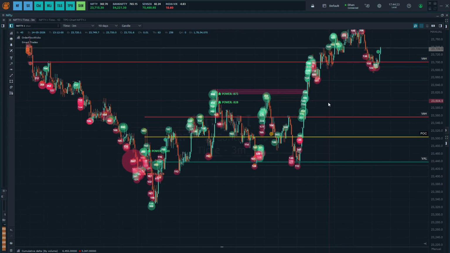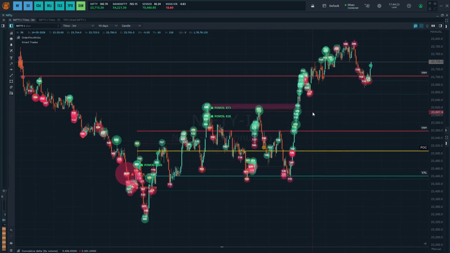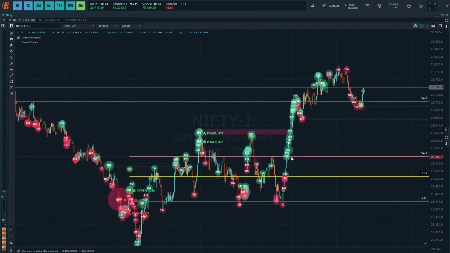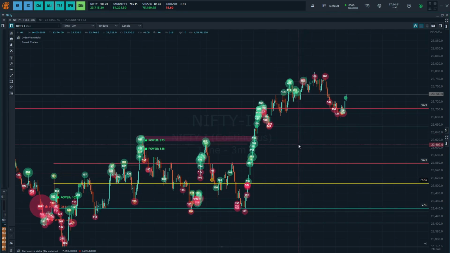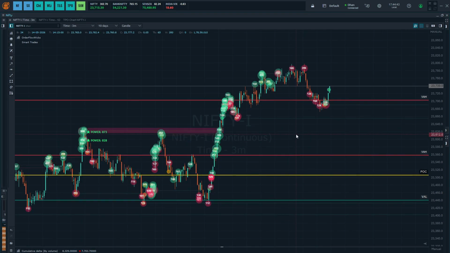Again, the indicator shows what the current market activity is, but we need to see the reaction at our important level. It is not that you just buy because it shows 109 contracts or 200 contracts have been traded, but how the price has reacted at different levels, that will be an easy identification.